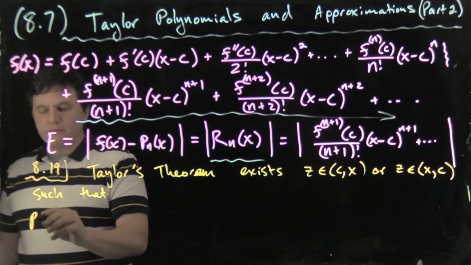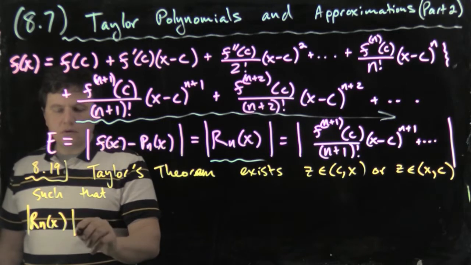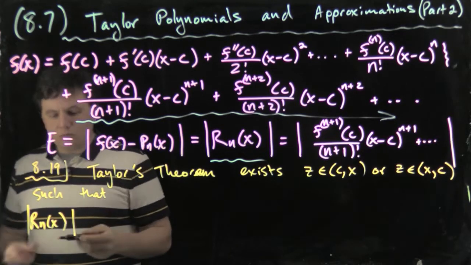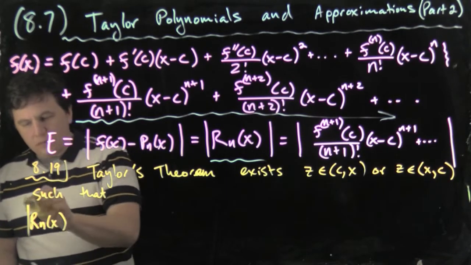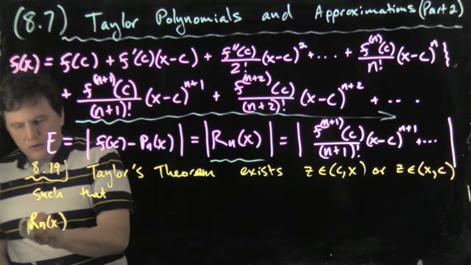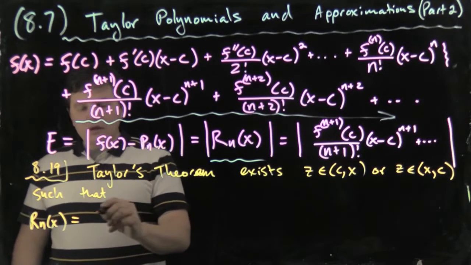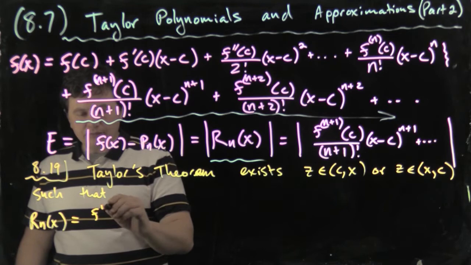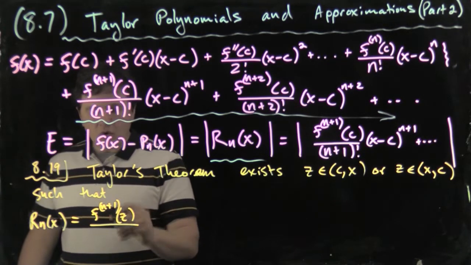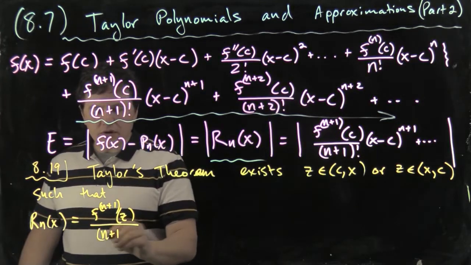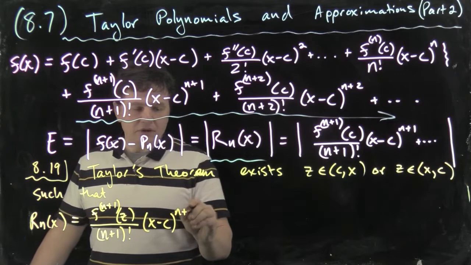this remainder term, let's get rid of the absolute value, we're not there yet because we're not talking about error yet, is equal to one term with that z plugged in, over n plus 1 factorial, times x minus c to the n plus 1.